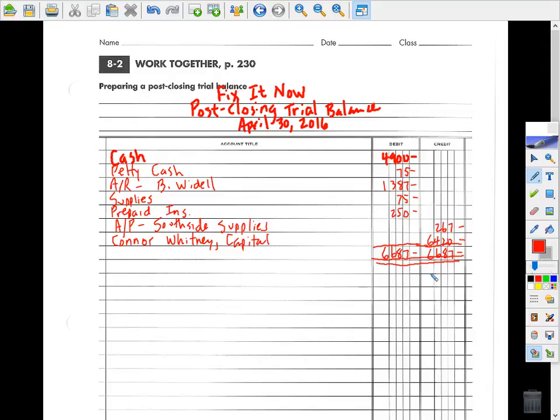What did we do? The closing entries. Those are called what again? Those revenue, expenses, and drawing. They are temporary, and now you understand why we call them that, because they only remain in balance during a particular month, and then at the end of the month we'll close their balances into capital, and we'll start the process all over again.